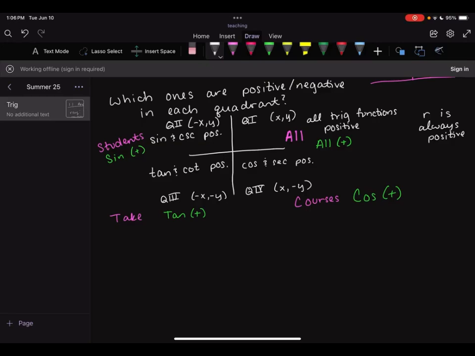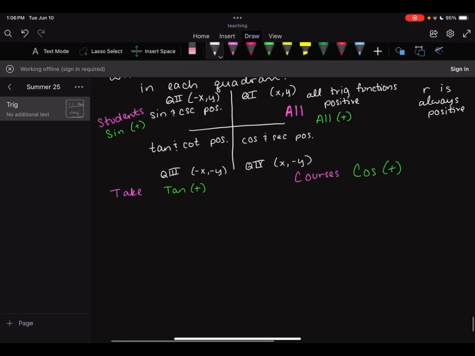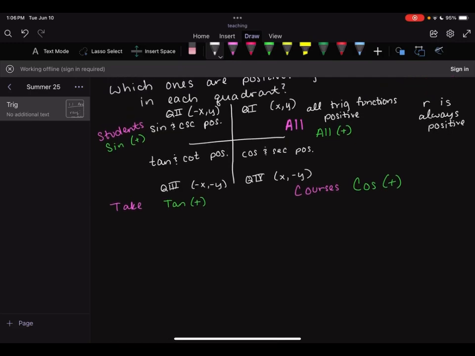Now I do want to talk about if we're at the quadrantal angles, how do we figure those out? So let's see. For example 2, I'll say evaluate the following trig functions.